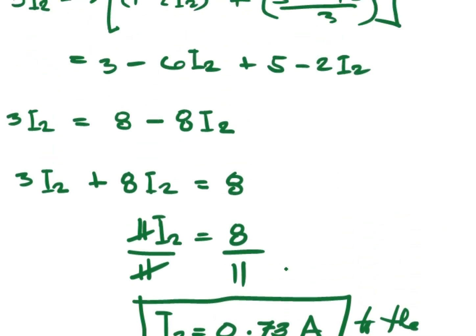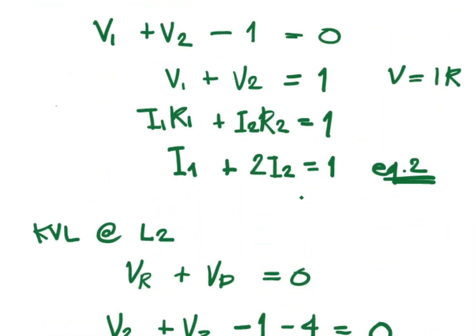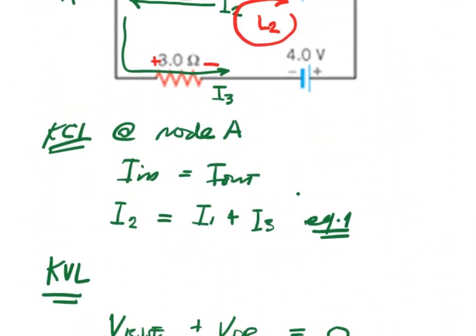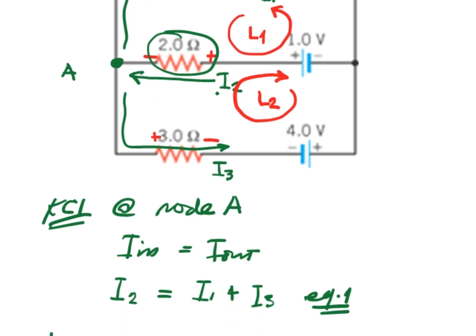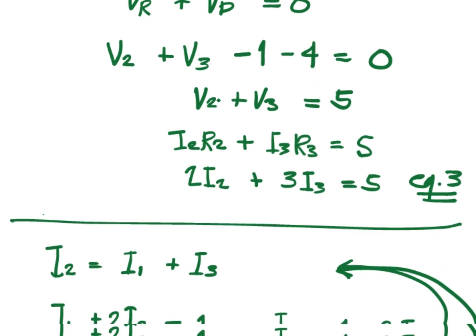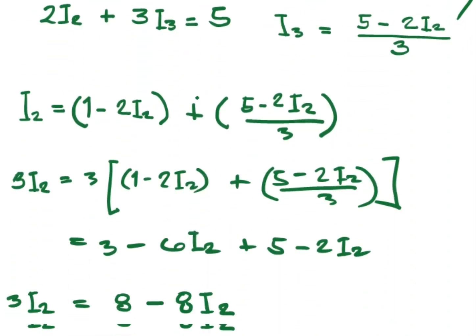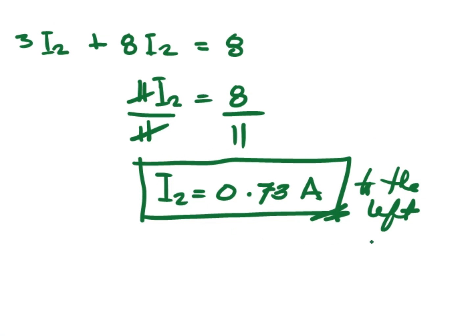Because according to our illustration, I2 is going to the left, going inside node A. Therefore, for I2, this assumption for the direction of current is correct, going to the left. So our answer for this problem is 0.73 amperes going to the left.